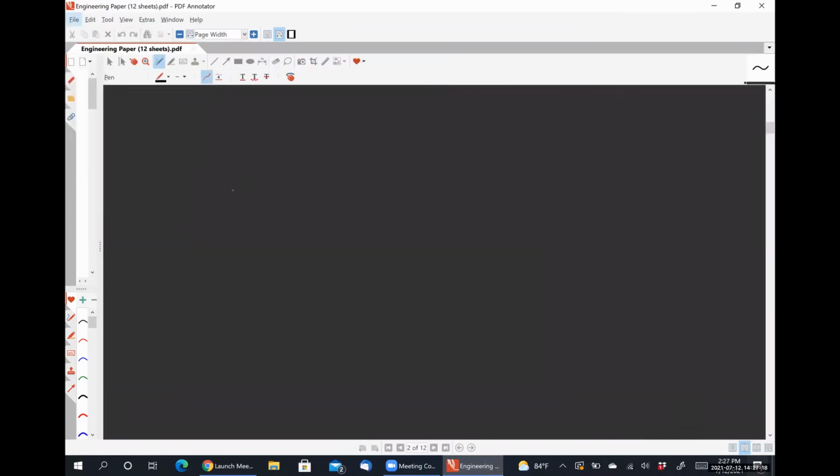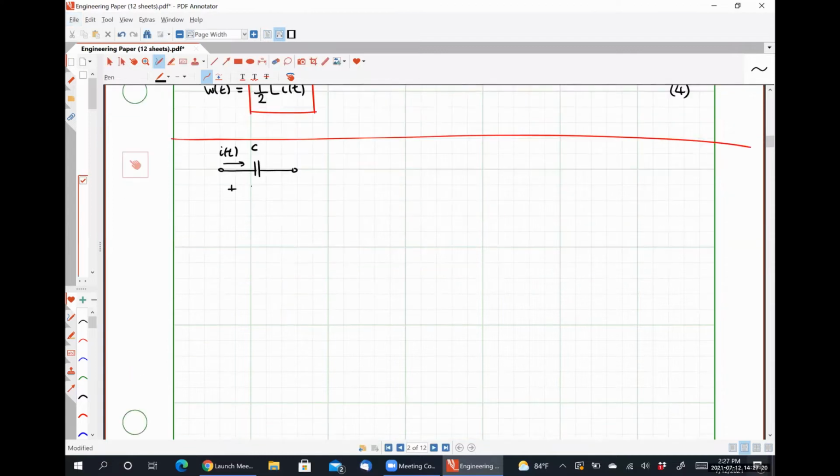So we have a capacitor obeying the passive sign convention, V of t like so. And on this side, I'm going to draw an inductor having a value of L, also obeying the passive sign convention. For our capacitors, we had the relationship that I was C dV by dt.